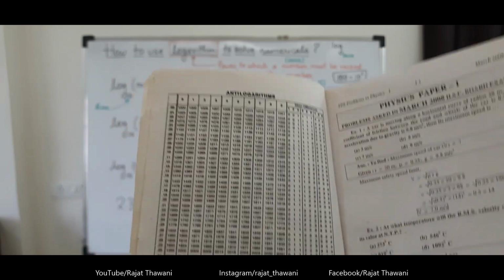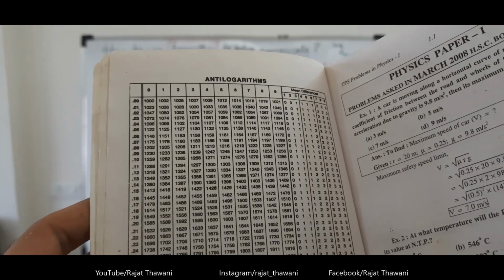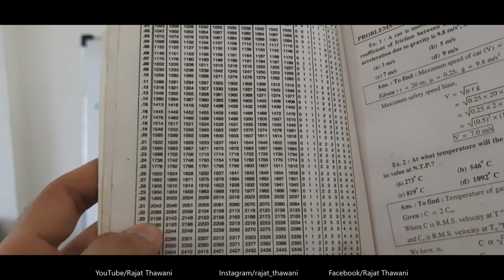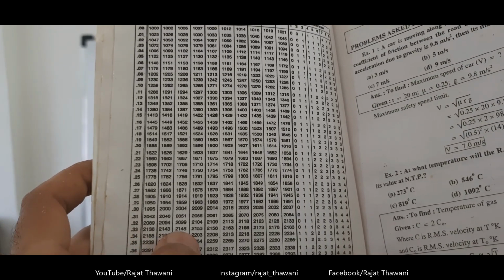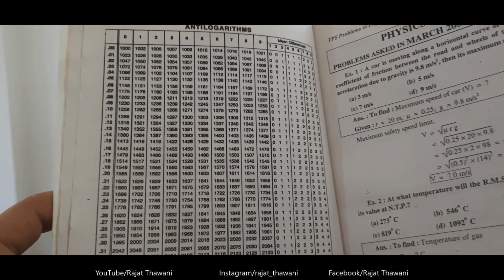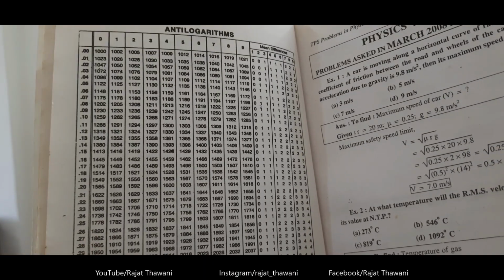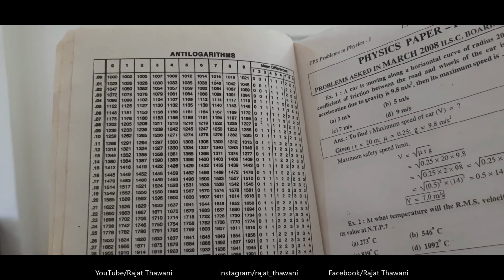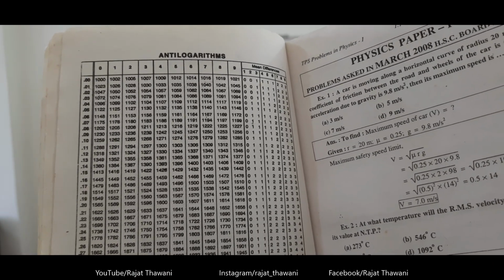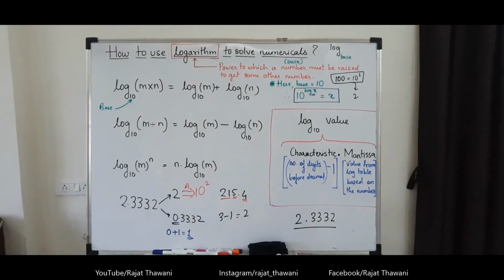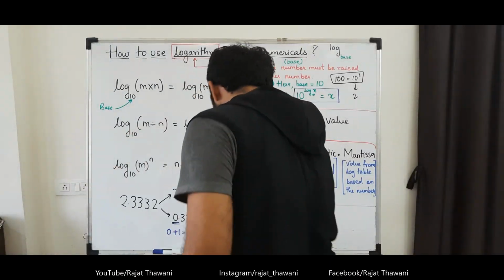So let's take it. You can see here there is 33, right? 33 in 3, that is 2153, and further it is 2 in 2. If you see the mean difference, it comes to be 1. So 33 in 3 is 2153, and adding 1 gives 2154.